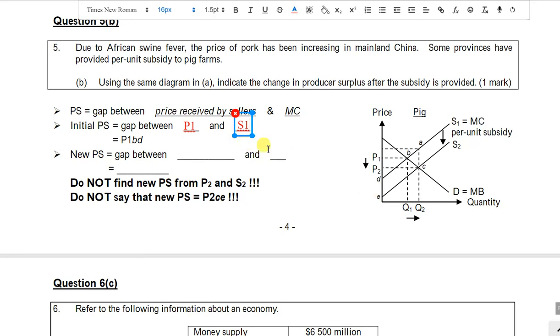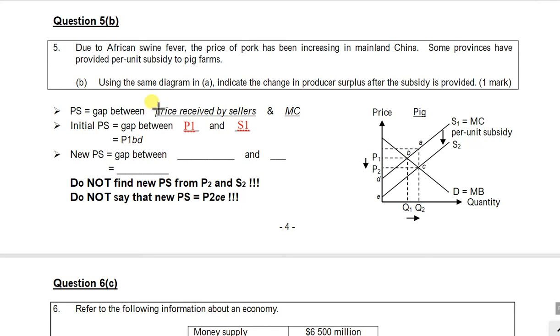Because, as I've mentioned before, for the producer surplus, we should consider the price received by the sellers. We are not considering the price paid by the buyers. If you look at the diagram, P2 is the price paid by the buyers, right? But is it the amount of money received by sellers?